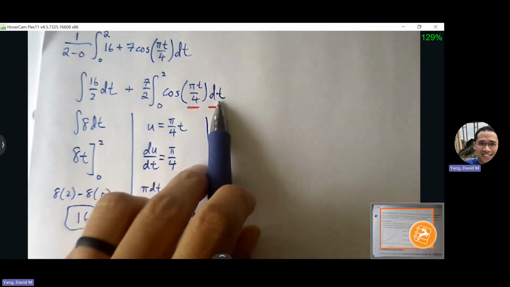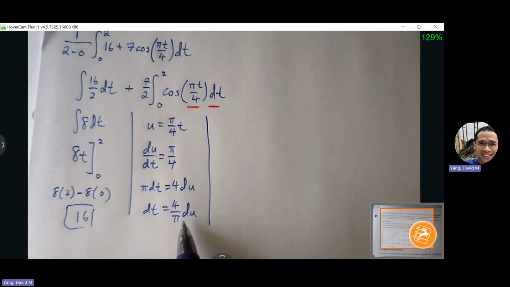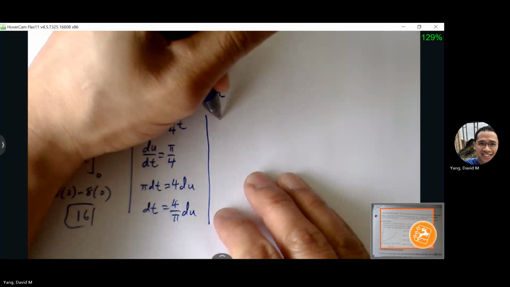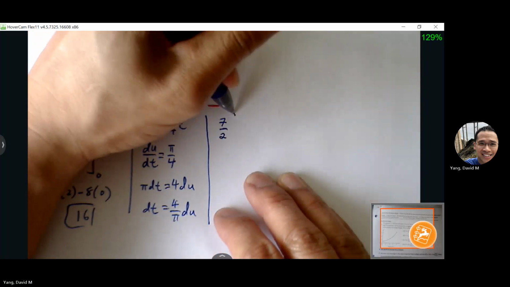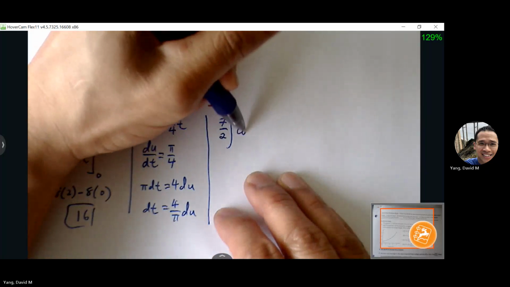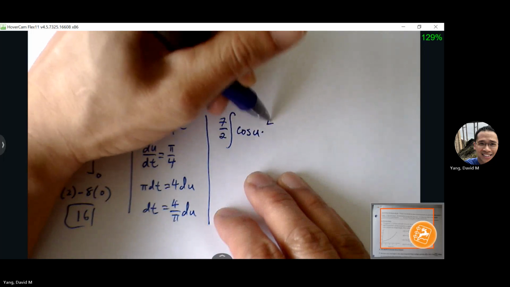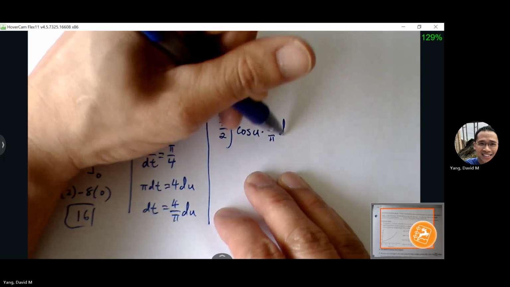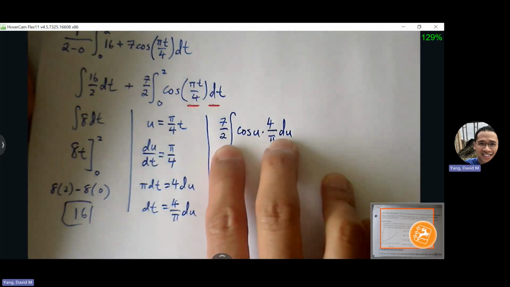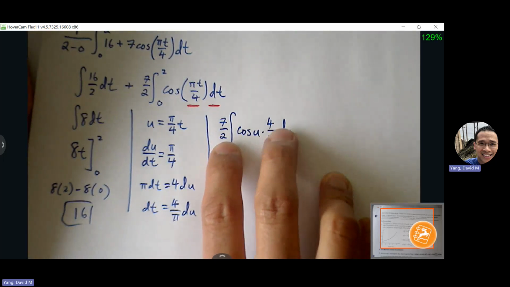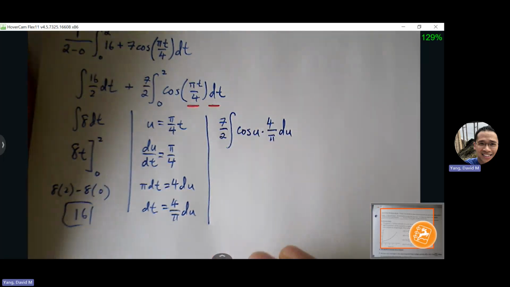Okay, replace this with u, replace dt with 4 over pi du. Push all this mess out in front. 28 over 2, that's same thing as 14 over pi.